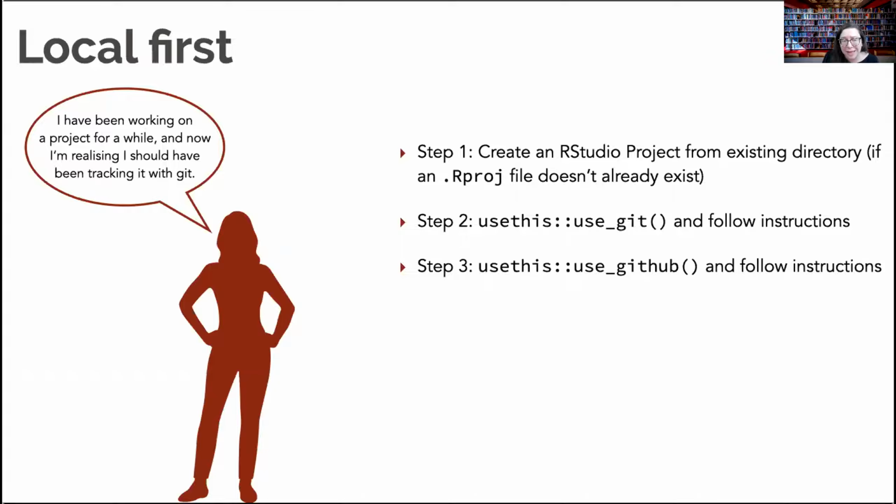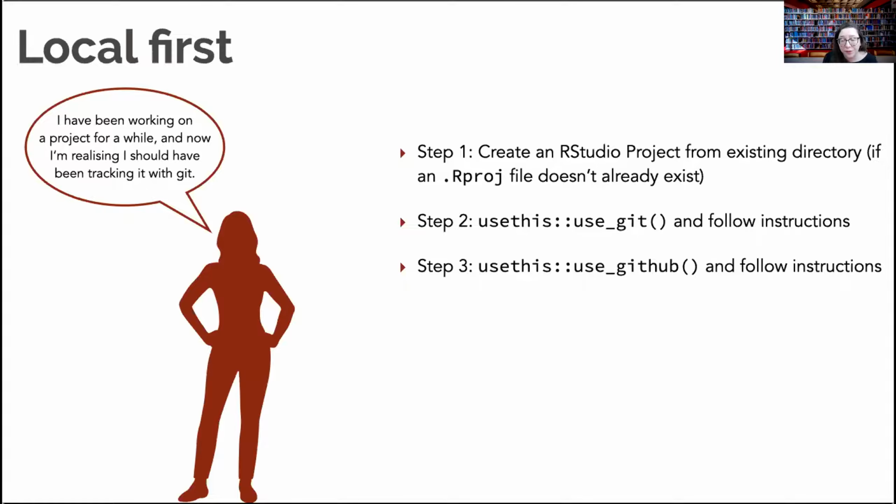So what about this? I've been working on a project for a while, and now I'm realizing that I should have been tracking it with Git. How do I go about actually doing this? Step one, if you don't yet have it, you should create an RStudio project from an existing directory if an Rproj file doesn't already exist. In our case, the demo project that we've been working with, we already have this, so I don't need to worry about that.